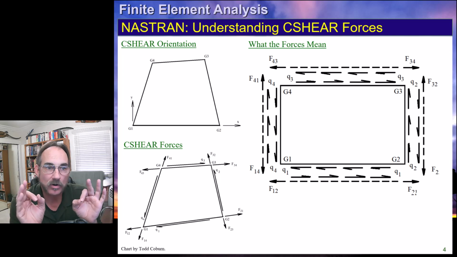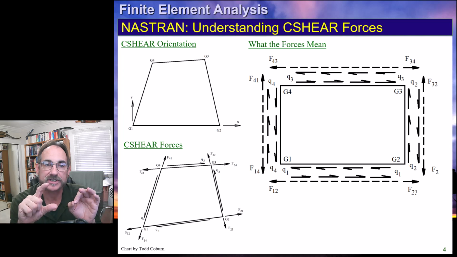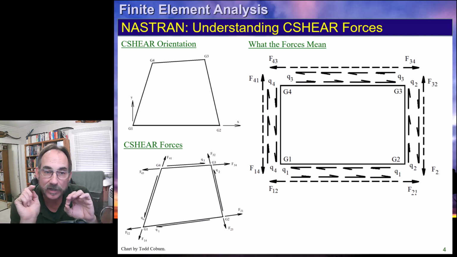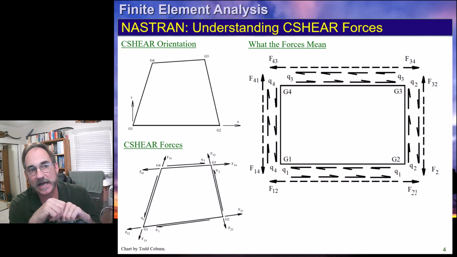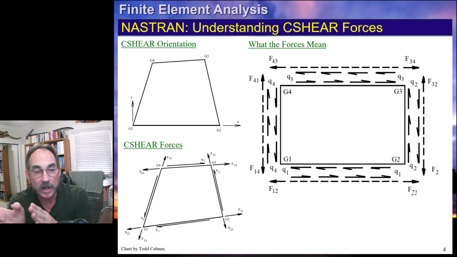We also have corner forces. If you look at that imaginary rod, the corner forces that are applied to that by NASTRAN, as we see in the CSHEAR forces, are going to always be acting pulling away from the rod for a positive direction. On the lower edge, we've got F1 coming from 2, F2 coming from 1.